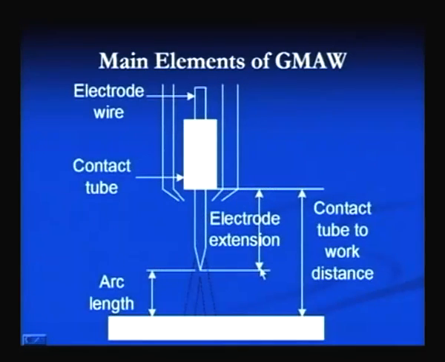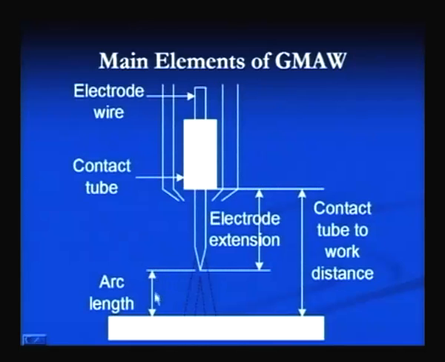The distance between the contact tube and the electrode tip is known as the electrode extension. This electrode extension and the arc length are two parameters that play a significant role in successful welding and the deposition rate. In general, a higher electrode extension leads to a higher deposition rate.